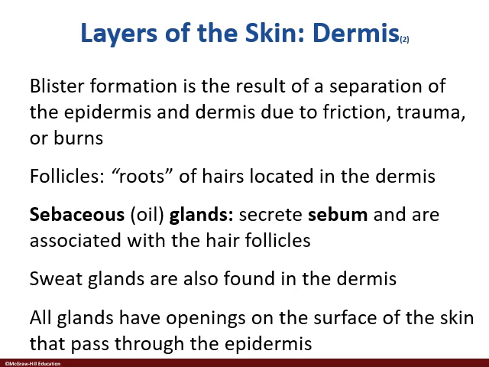Now, on the surface, as I said, it's the dead keratinized cells. But to keep things nice and pliable, you're going to have different types of sebaceous oil glands throughout the body. These oil glands are secreting what is known as sebum. Sebum is a waxy oil that sticks to our skin, keeps it from drying out, because dry skin cracks.